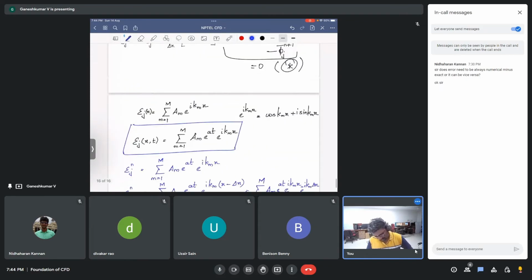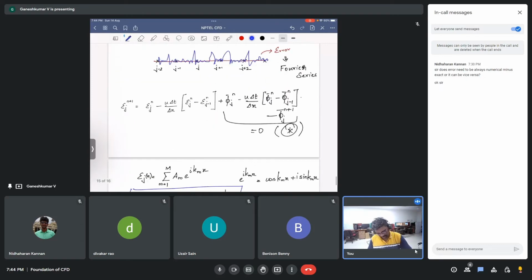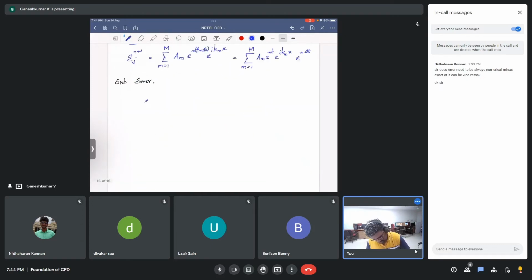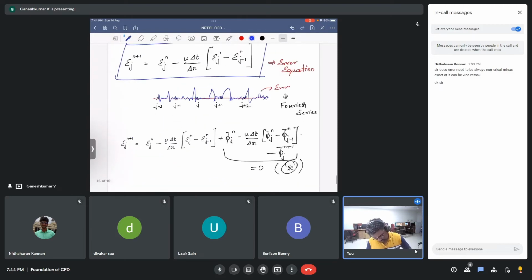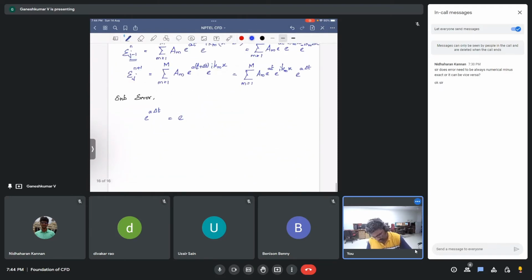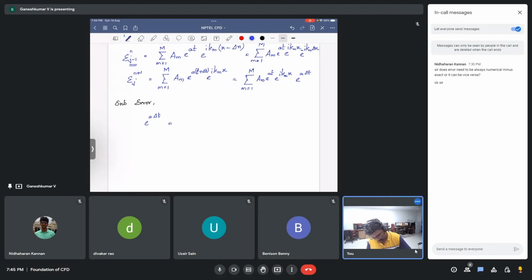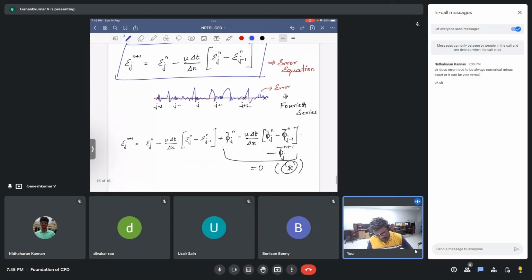It has a lot of common terms, so we can neglect them and simply write e power a delta t is equal to, this is at j, so this won't have this, 1 minus u delta t by delta x times epsilon j at n.